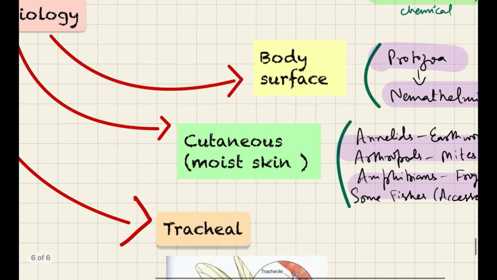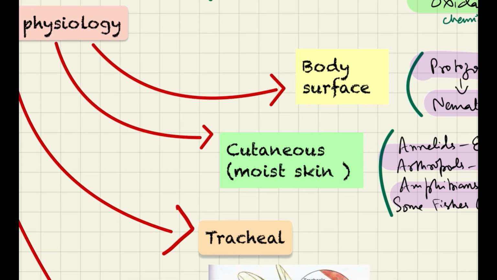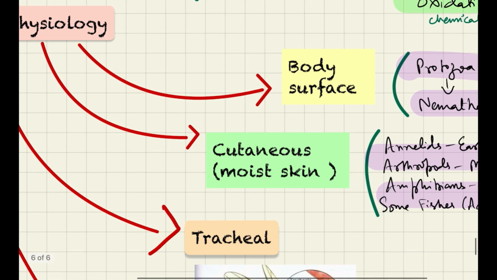It is simple. Then there is cutaneous respiration through the moist skin, or we can say that the body surface is same, but here it has to be moist. There has to be a moist layer through which the oxygen first dissolves in that layer, and then from that layer itself it is dissolving into the skin or the body surface.